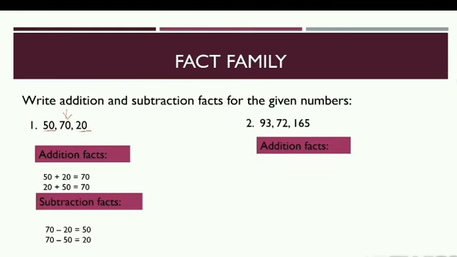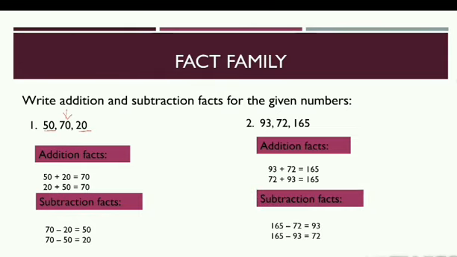For the addition fact, we add the two smaller numbers and get the bigger number, and we just reverse the order of the numbers and get the bigger number again. For the subtraction fact, from the bigger number we subtract one of the smaller numbers, like 165 minus 72 is equal to 93, then 165 minus 93 is equal to 72. So this is our fact family, that is addition and subtraction.